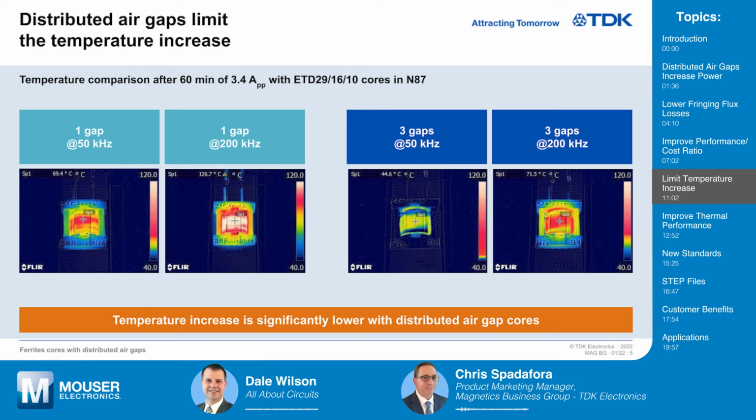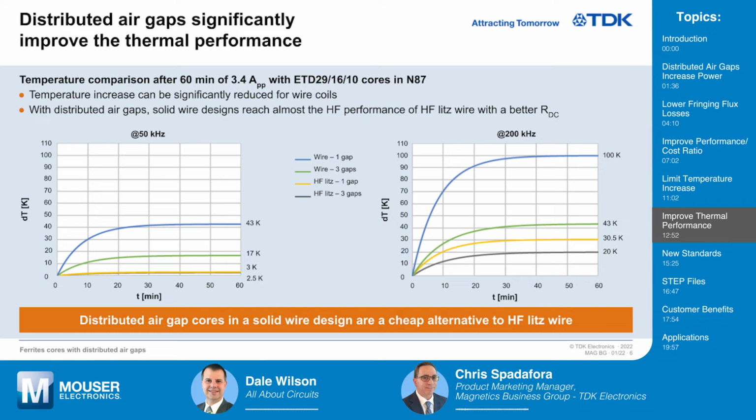So as the frequency goes up, the need for Litz wire increases. And what we found, due to the temperature rise reduction, is that the distributed air gap configuration with a solid wire versus a high frequency Litz wire design actually reaches better performance with a better RDC.